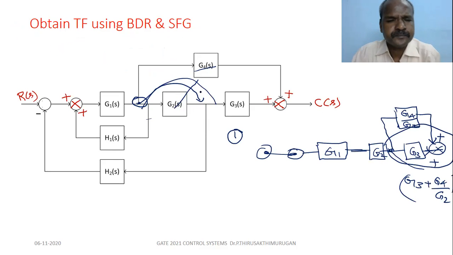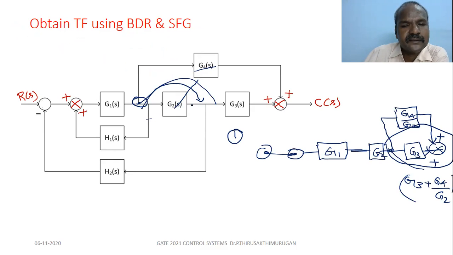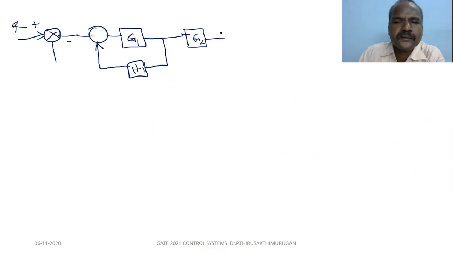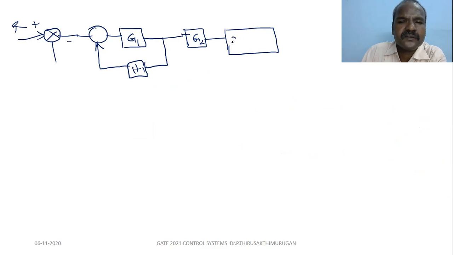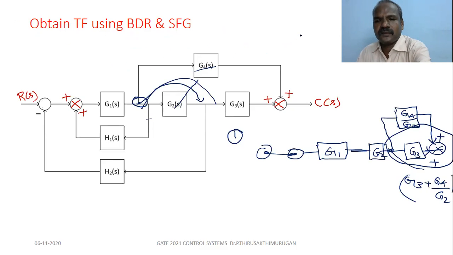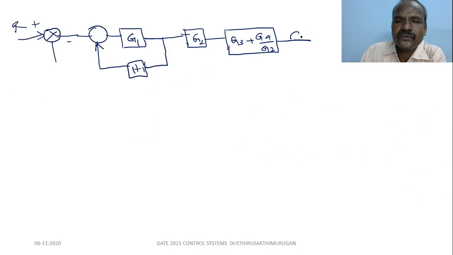After shifting, the total gain is G3 plus G4 by G2. That's all. There is no feedback path, so we get C of S. Understand or not? Very simple.